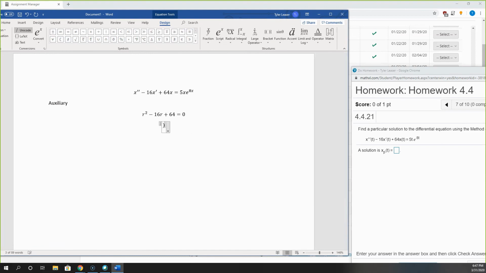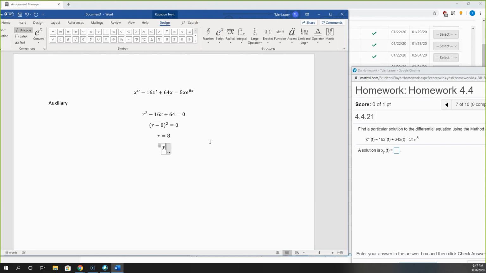All right, so this factors into r minus 8 squared, which means that we're only going to have one solution, and it's a double root of 8. It is just a regular number, right? Not a complex number or anything like that, and a double root.